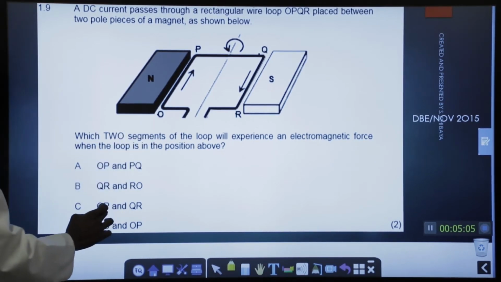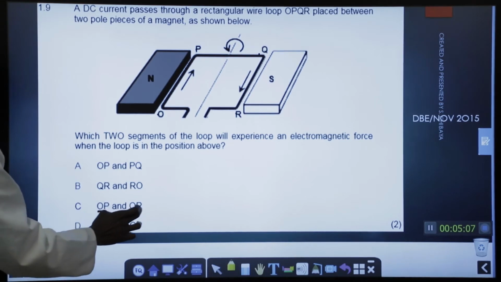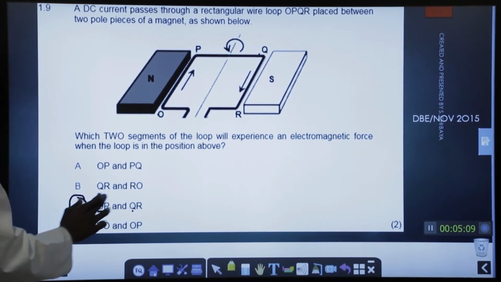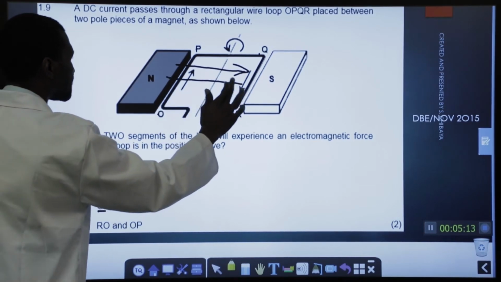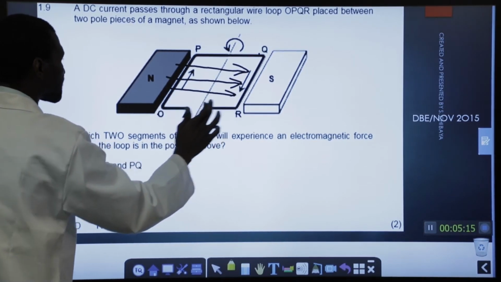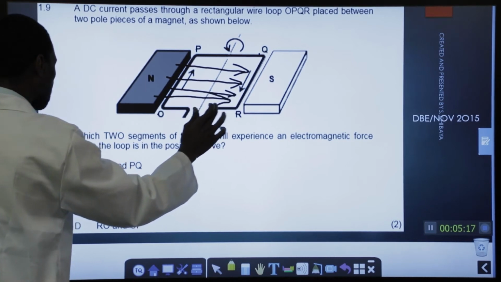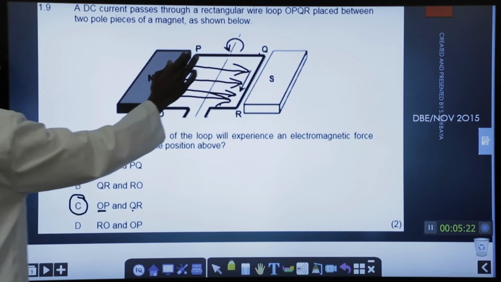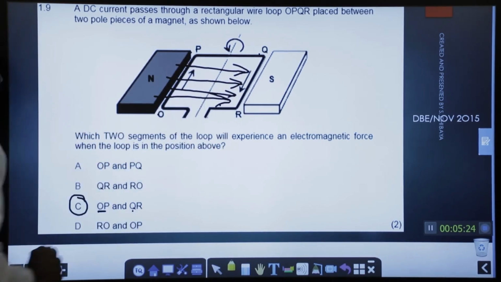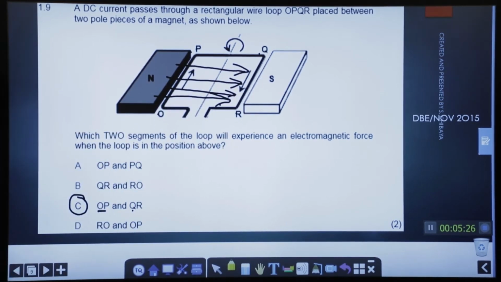So they got it as OP and QR. Exactly. These are the parts where it will experience electromagnetic force in these two loops. Our answer there is C, OP and QR.